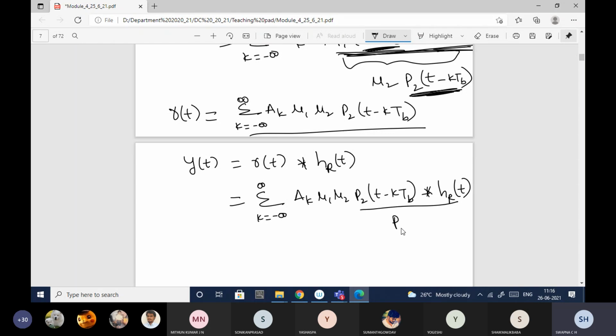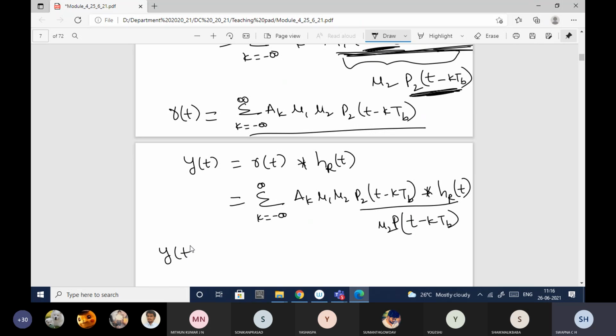Let me name this function, instead of p_3, I'll just write as p. You may ask why I wrote p_1, p_2 like that and now just p. I just want to follow the textbook, where they made this entire thing p only. So p of t minus kT_b with some scaling factor.